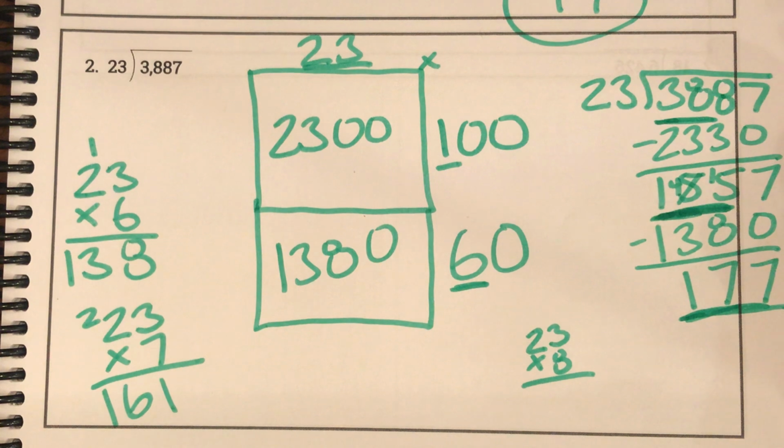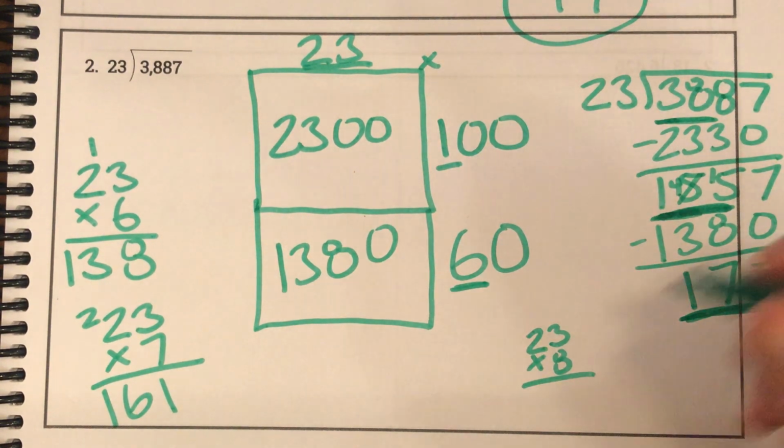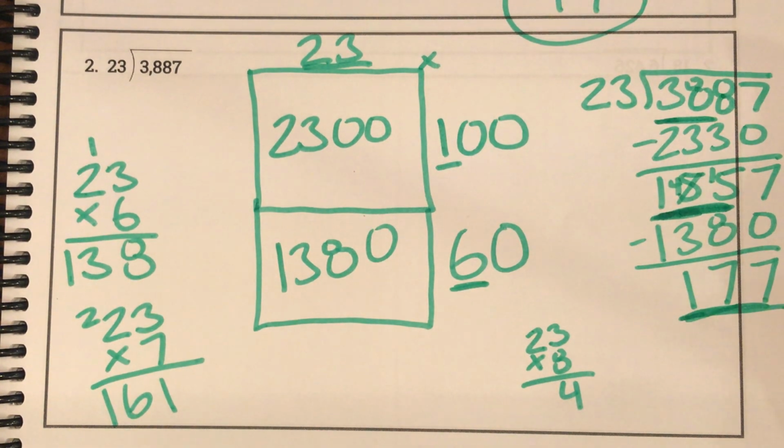Okay, so let's see where we're at right now. So we're checking 8. 8 times 3 is 24. So let's put our 4 and carry our 2. 8 times 2 is 16, plus 2 more would be 18.